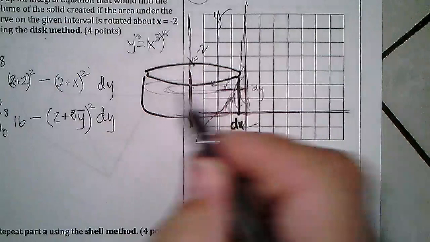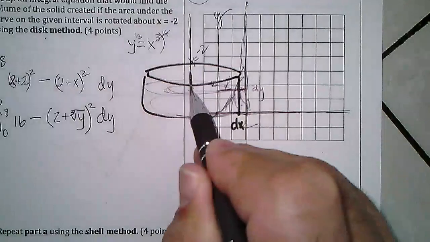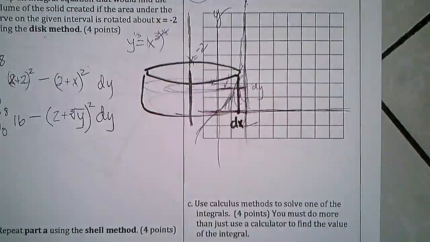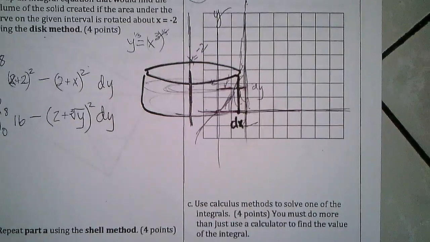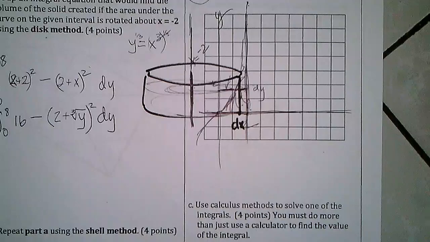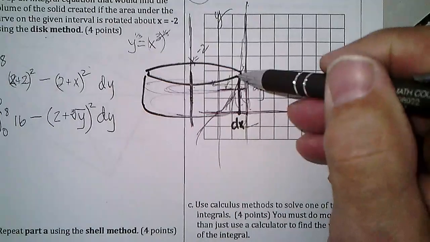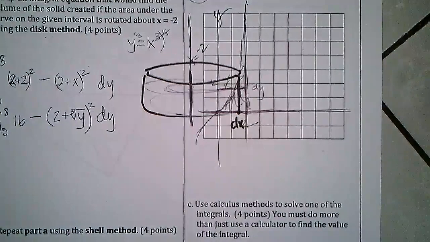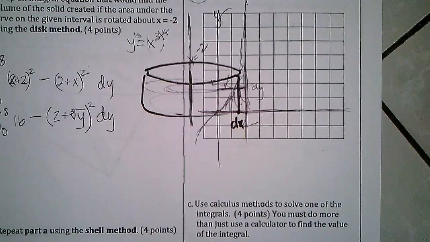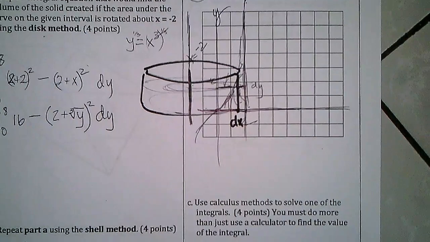The distance around is going to be the radius, which is 2 plus x. 2 pi r, that's the length. The height will be y, and the thickness is dx. Okay?